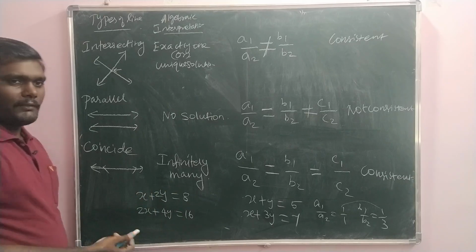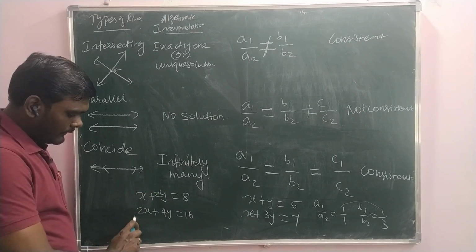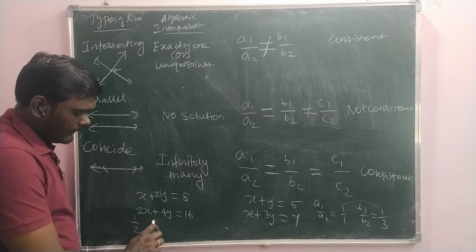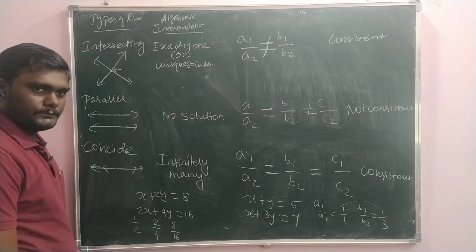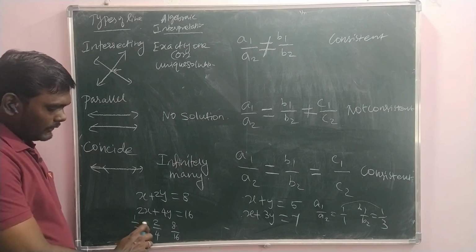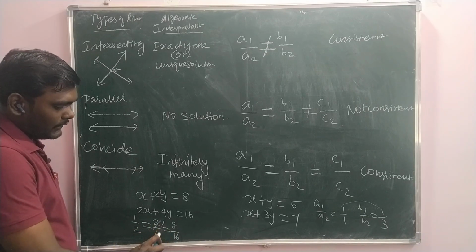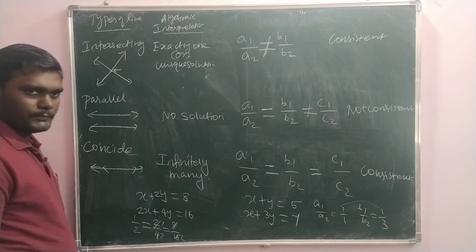What kind of solution do these equations have? Here the first ratio is 1 by 2, this ratio is 2 by 4, and this ratio is 8 by 16. So all the ratios are equal, is it? Everything is 1 by 2, 1 by 2, 1 by 2.